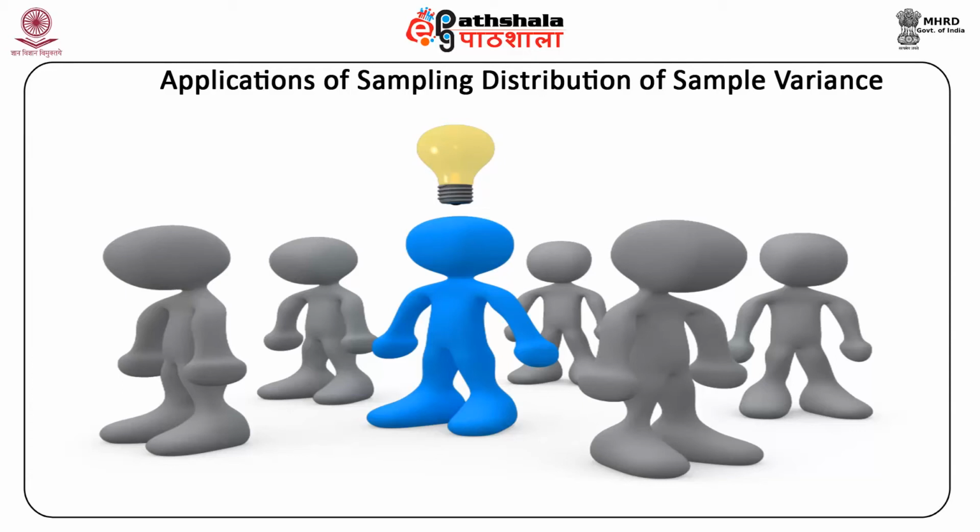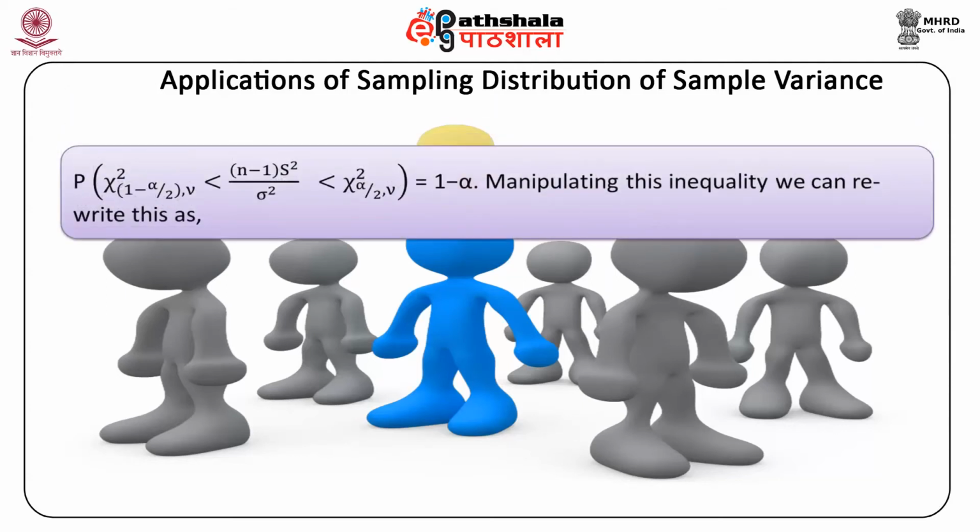So we find that the probability that n minus 1 into S square upon sigma square lies between these two ranges is equal to 1 minus alpha.